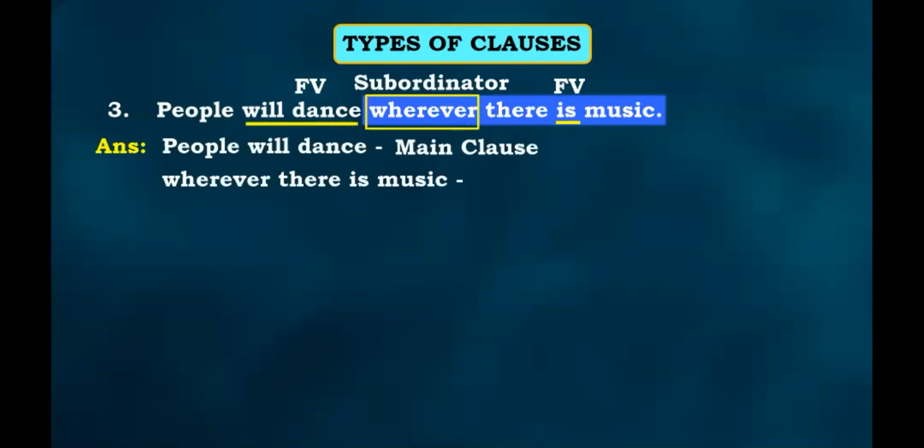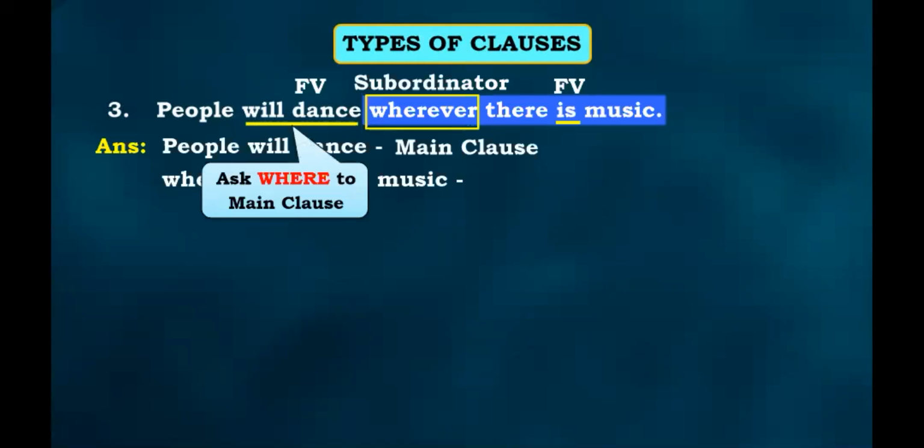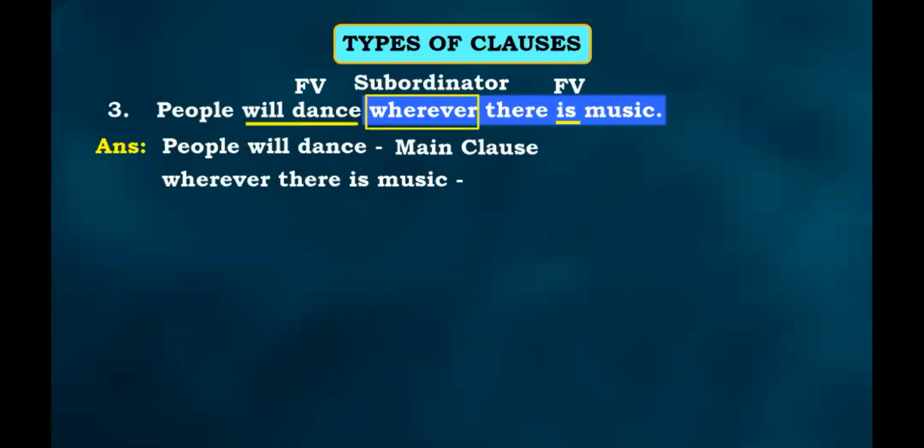Okay. Now which question would you ask here? Where. Correct, because it is obvious. अभी मैं क्या पूछ सकती हूँ कि what will people dance? आंसर नहीं आ रहा मेरा. Which people will dance? नहीं. Where will people dance? कहाँ नाचेंगे? जहाँ पे भी म्यूजिक होगा वहां नाचेंगे.